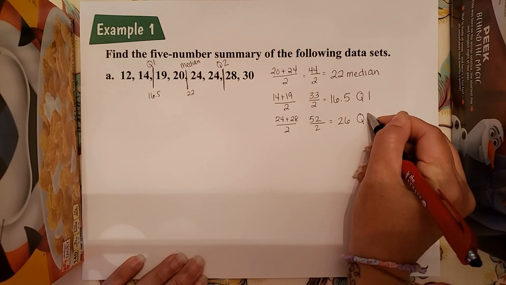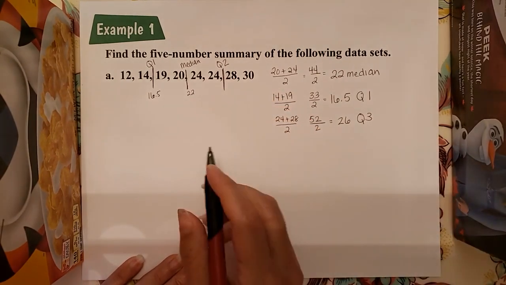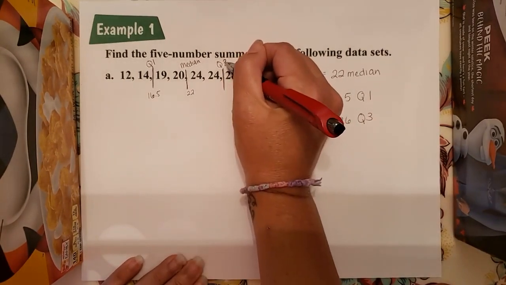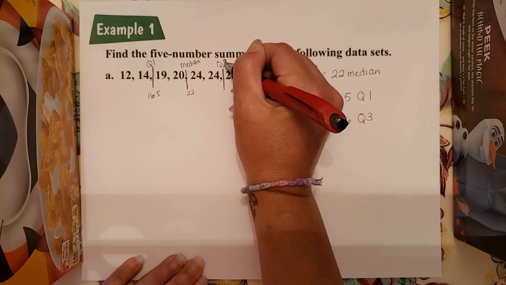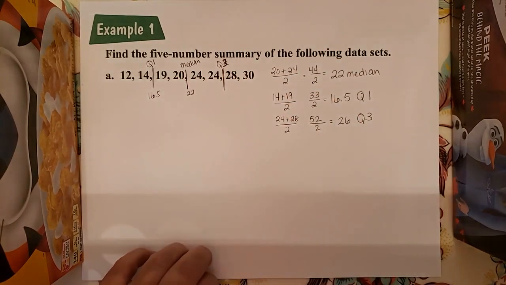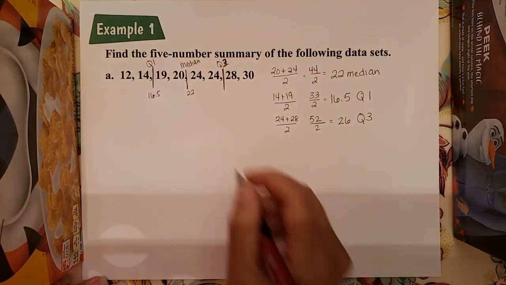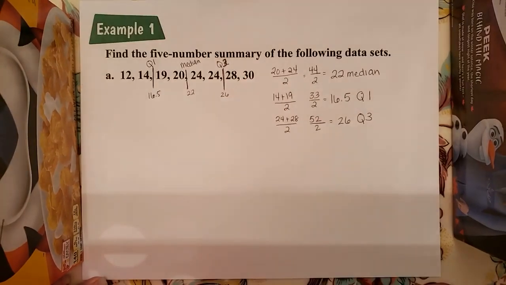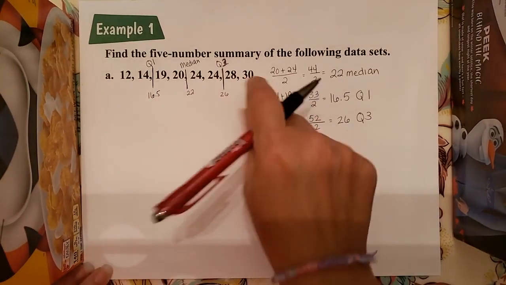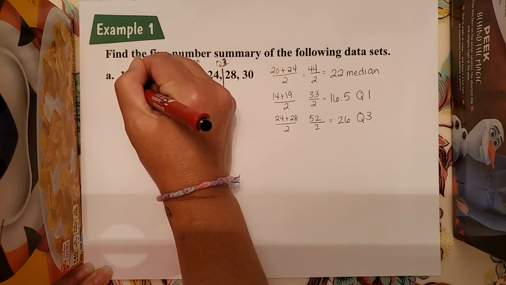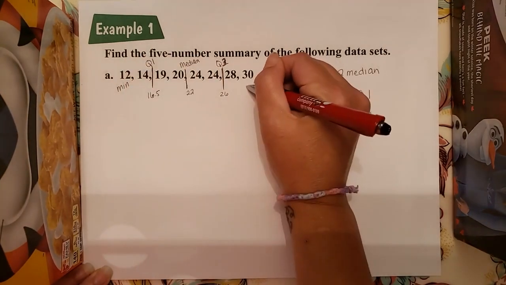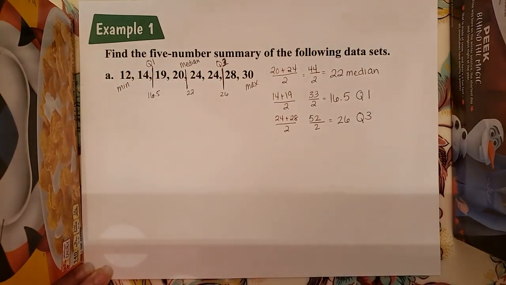That is our Q3. Oh, I'm sorry, I labeled that wrong. Q3. Q2 is actually your median. So Q3 is 26. We know our minimum and our maximum. They're right here. The minimum is 12. The max is 30.